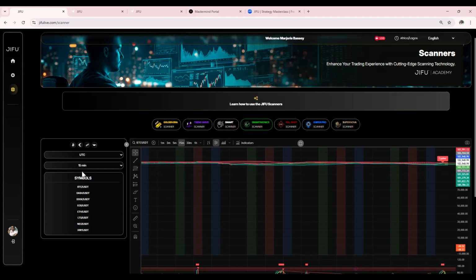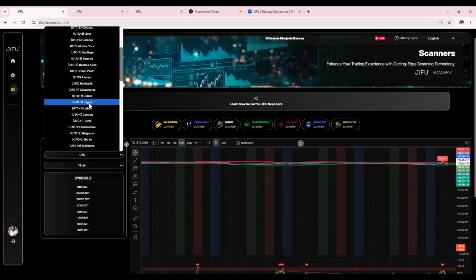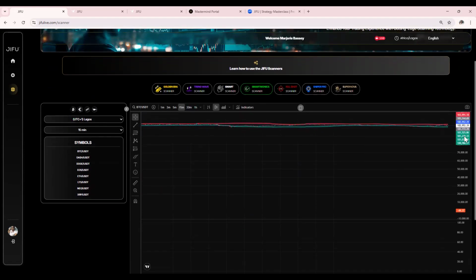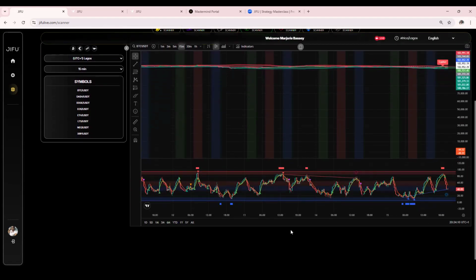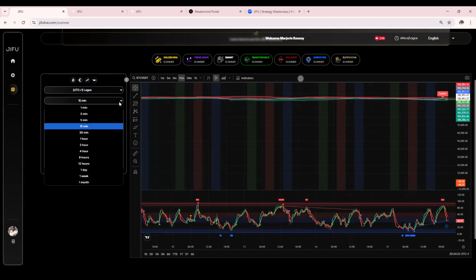So you have crypto, and then here you have the time zone. You should always change this to reflect your time zone, so that if you're looking for what happened at, let's say, 2:30 p.m. your time, or 6 p.m. your time yesterday, you can always come to the exact time and look at what happened in the market. Then these are the different time frames.